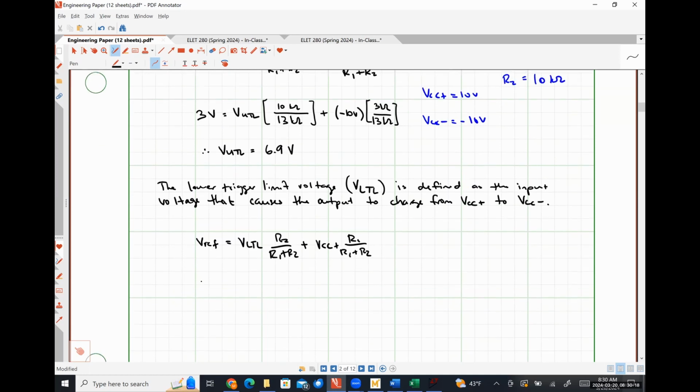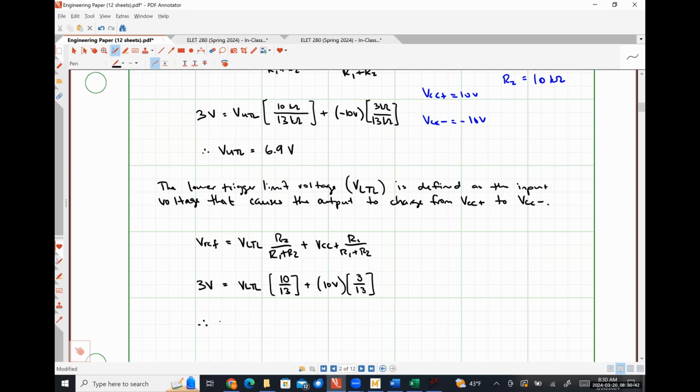And substituting in our numerical values, this is going to look like 3 volts equals VLTL times 10 over 13 plus 10 volts times 3 over 13.